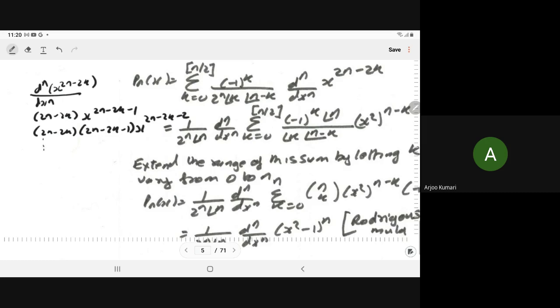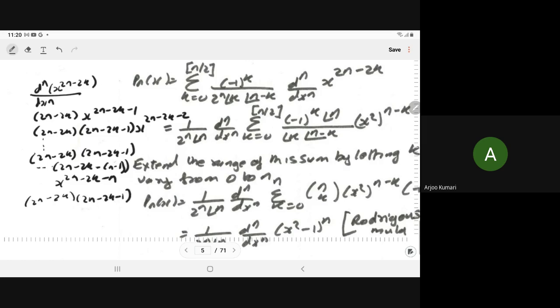Similarly, the nth derivative will become 2n minus 2k, 2n minus 2k minus 1, and so on up to 2n minus 2k minus (n minus 1), that is n minus 2k plus 1, and x to power n minus 2k.